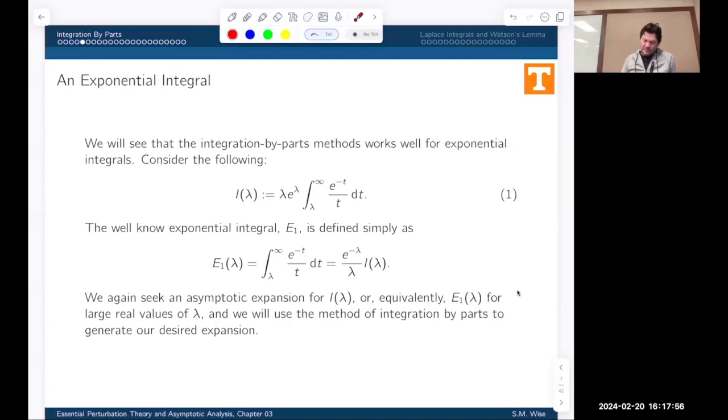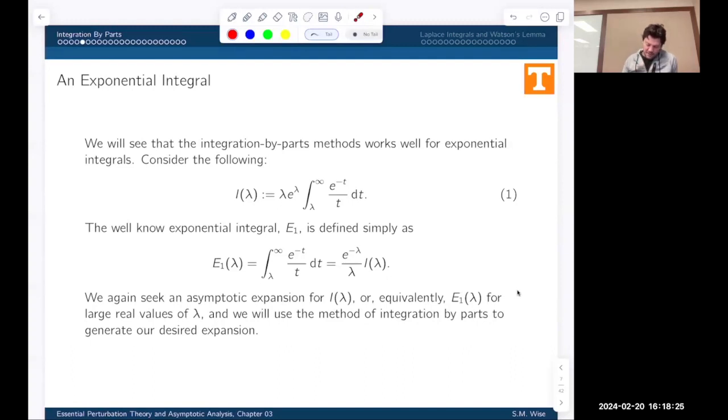Now, this integral is related to this integral called E1, the first exponential integral. And E1 is defined as just this. You encounter this in a lot of applications in physics and engineering, and so these integrals are tabulated.